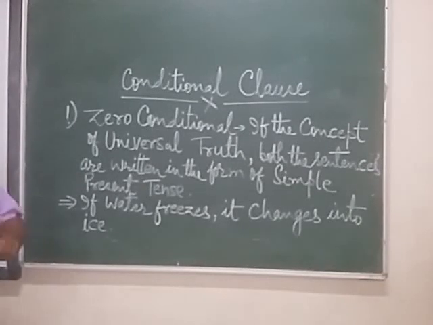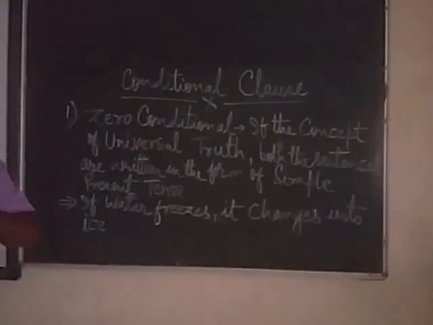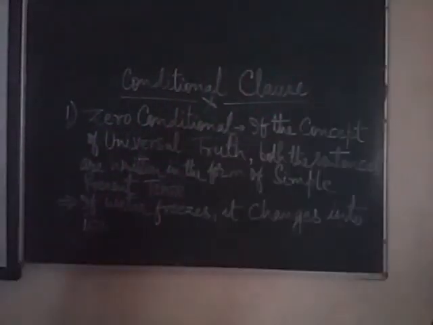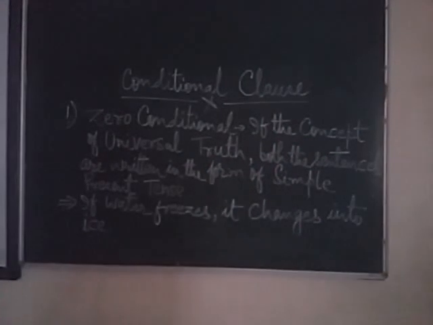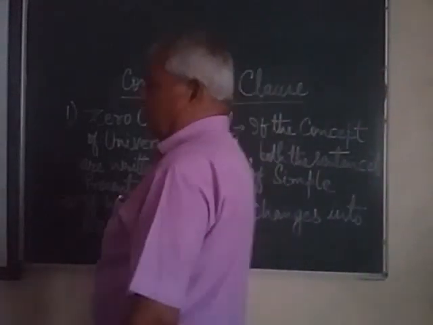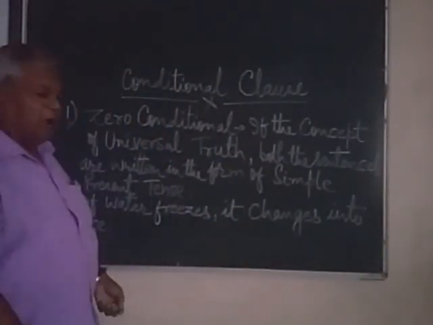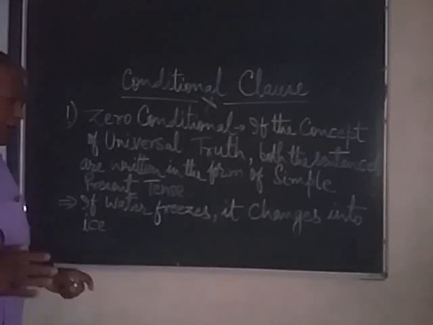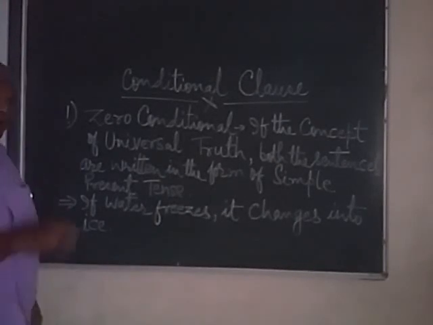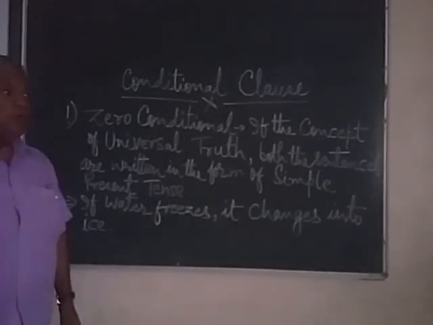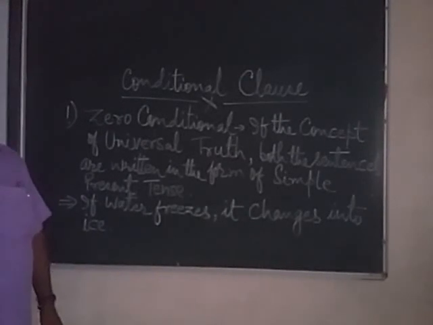As I told you, in a conditional clause there will always be two sentences. Meanwhile the power supply had gone off so I was disturbed, but again I am telling you that a conditional clause will always have two sentences.